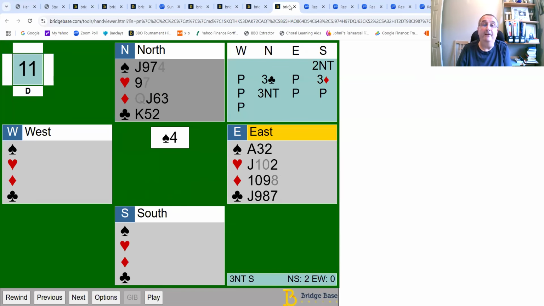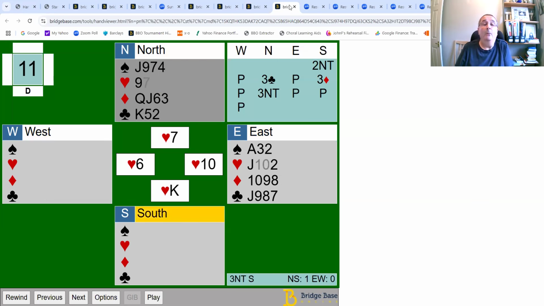Let's just rewind a little bit to this first trick, where your partner has led the 6 and we played the 10 and it lost to the king. Well, you should be thinking about using the rule of 11 here on the lead of the 6 of hearts. 11 minus 6 is 5.